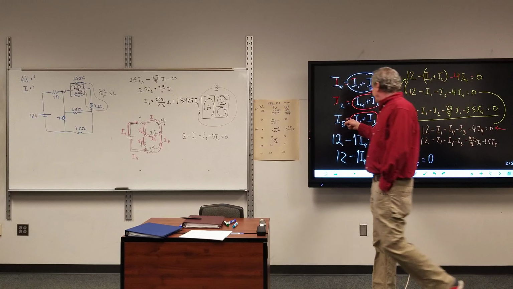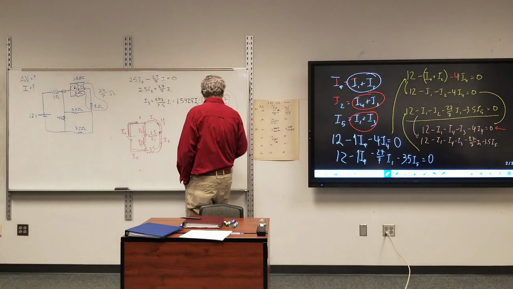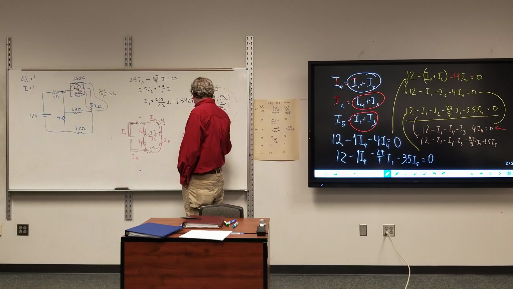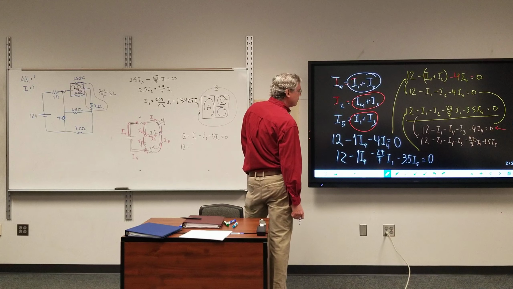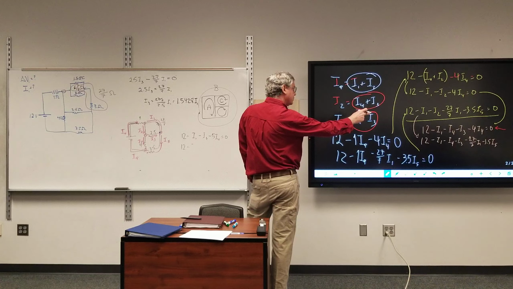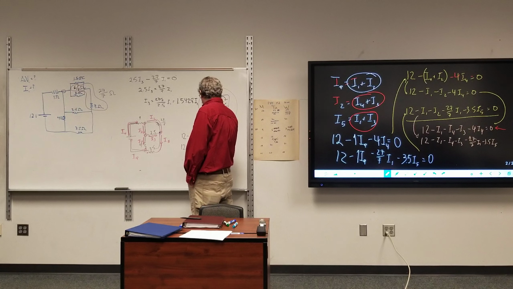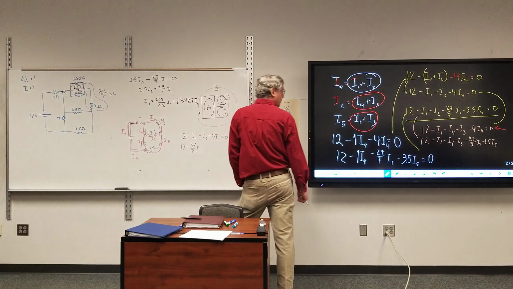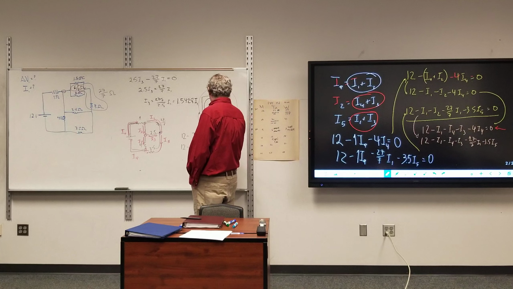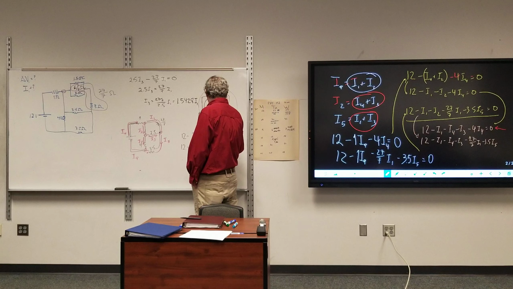I'm going to plug in my I5 right here. 12 minus, what do we got? I've got 2 different terms with I1 in it. So 34/7 minus 34/7 I1 minus I3 minus I4.